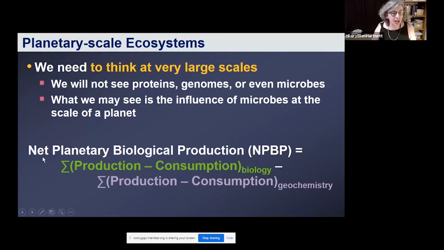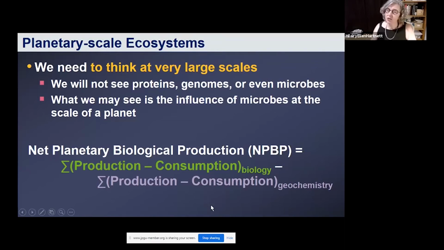And so you can imagine, in a net sense, the planetary biological production is the net production of, say, oxygen by biology, minus any net production of oxygen by geochemistry. So we really do need to understand both biological processes and geochemical and geophysical processes.